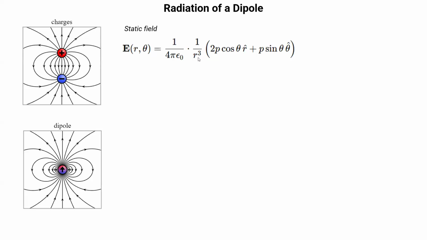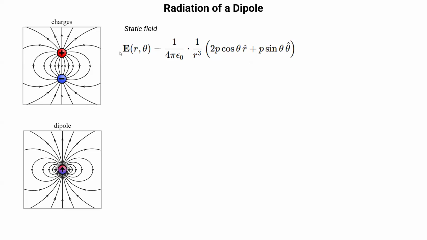Taking into account that as I come to this system, r gets smaller, this factor grows. So the electric field around the dipole grows faster than the electric field around a single charge.